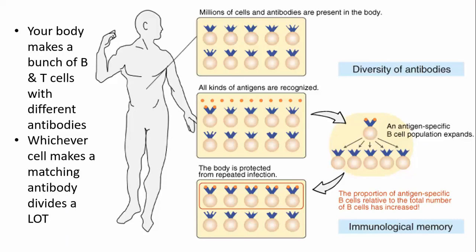So it's very interesting, but your body can actually make a bunch of different B cells and T cells with different antibodies. How do you know which one is going to react with whatever pathogen? Well, when the pathogen comes in, your lymphocytes or your leukocytes are going to be like, hey, let's take pieces of this to the place where the B cells and the T cells hang out. Hey, any of y'all got an antibody that's going to match this antigen that we have here? So you see all of these different shaped antibodies on the surface.